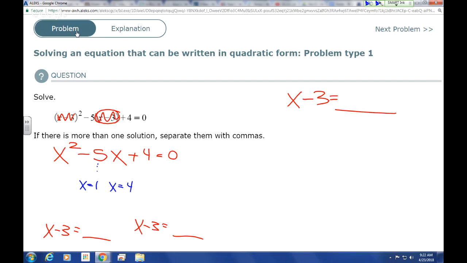I got to put it in that thing. That's why I wrote them down here. This is for this one, and this is for the other one. So then I got to solve that. X minus 3 equals 1. So really x for this case is what? So really my answer is 4 and 7.